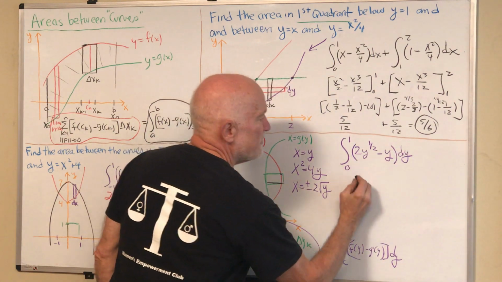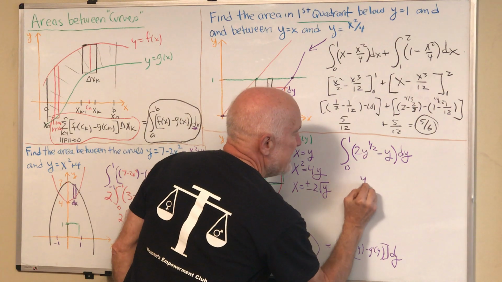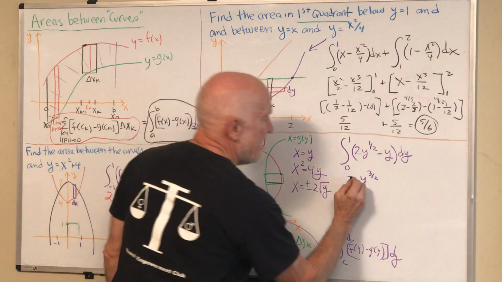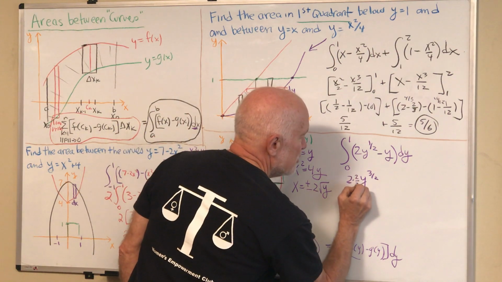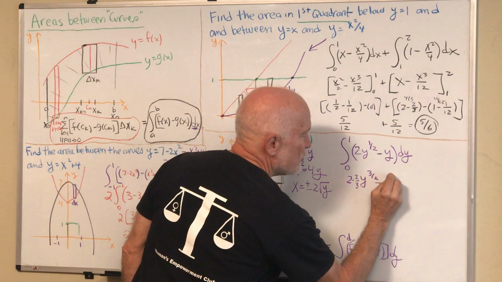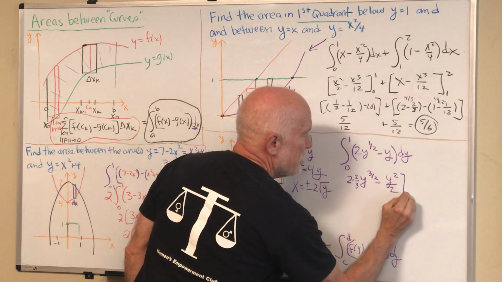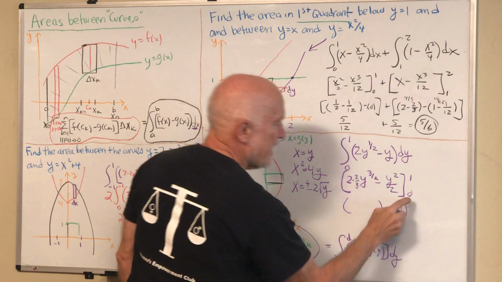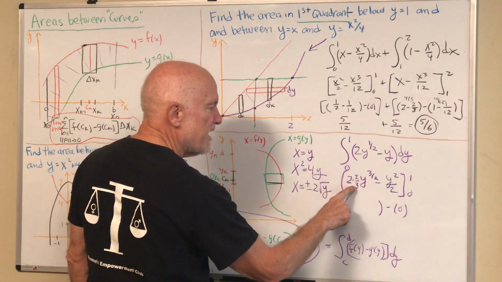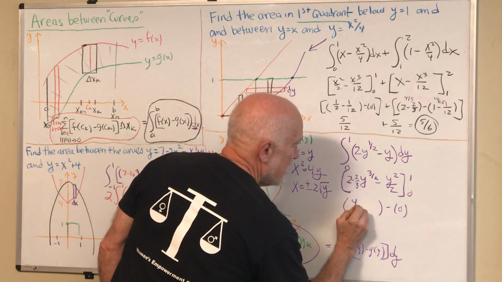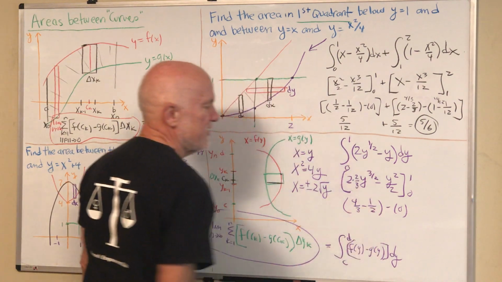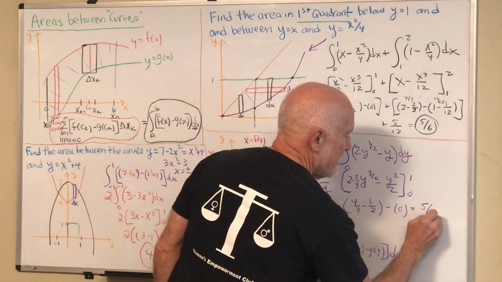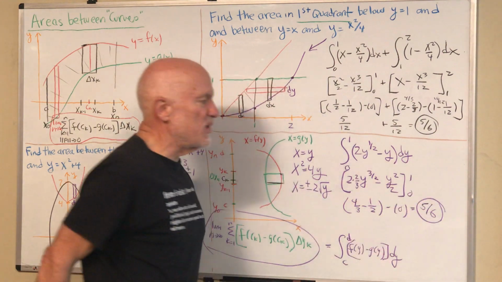So what's the antiderivative? Y goes up to 3/2, and then I divide by 3/2 or multiply by 2/3, and then this is just y squared over 2, and you only go from 0 to 1. 0 gives you 0, 1 gives you 4/3 minus 1/2, or 8 minus 3, or 5/6, and we get the same answer we did the other way.